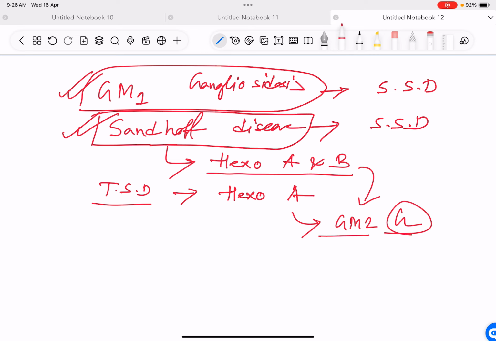So both Sandhoff disease and Tay-Sachs disease result in accumulation of GM2 ganglioside. In Tay-Sachs disease, it is just hexosaminidase A. In Sandhoff, it is both A and B.